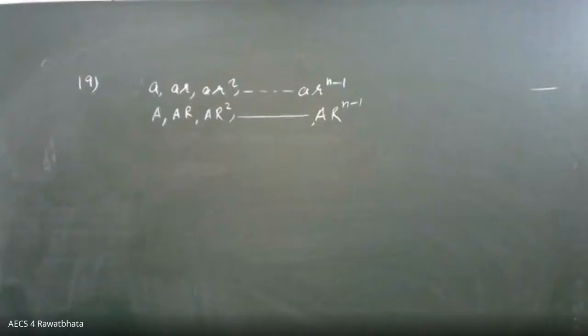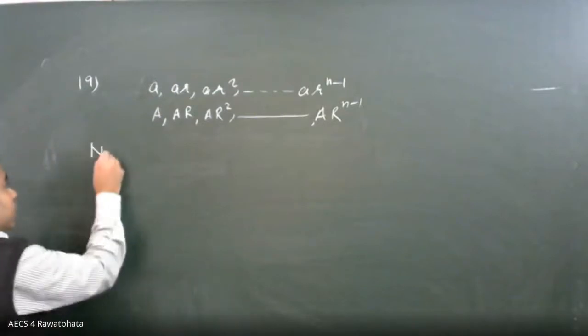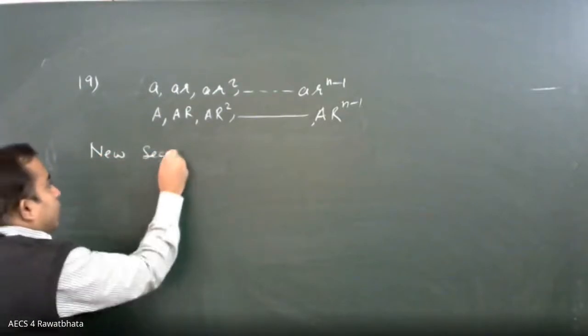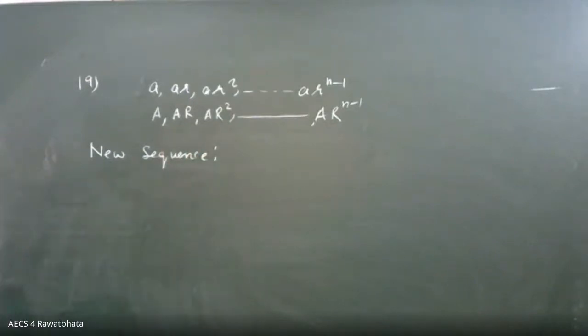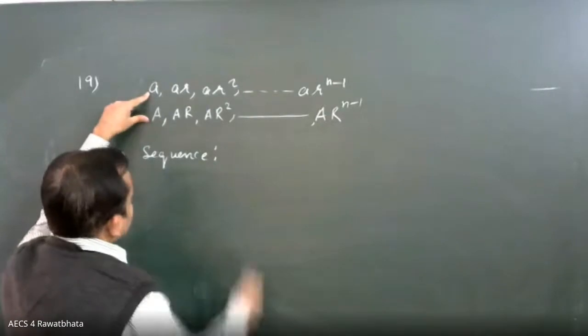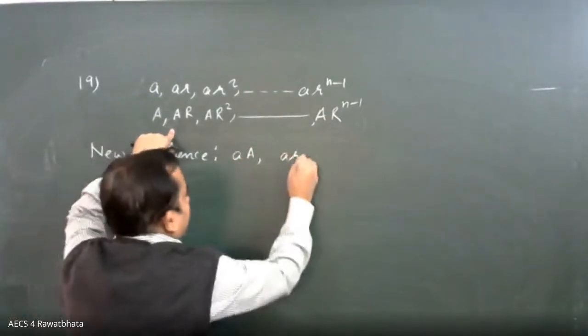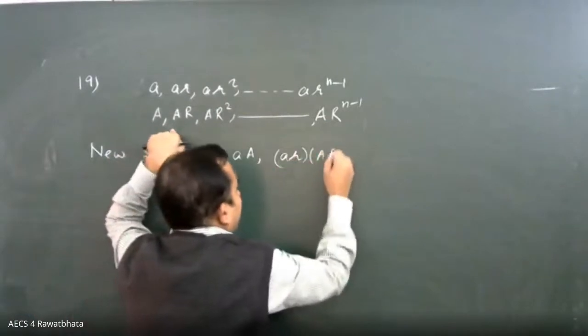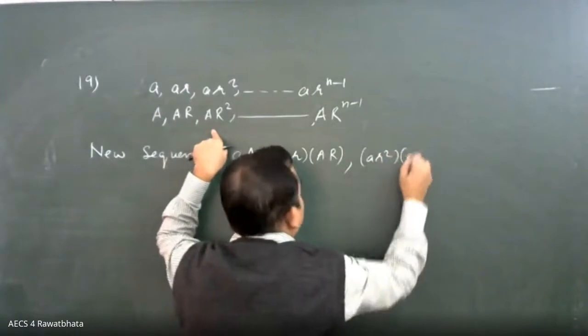Okay, so we have to prove that when you multiply the corresponding terms, the new sequence is a GP. So Abid, can you tell what should be the new sequence if I multiply the corresponding terms of these two GPs? The new sequence will be capital A times a, ar times capital A capital R, and ar square times capital A capital R square.